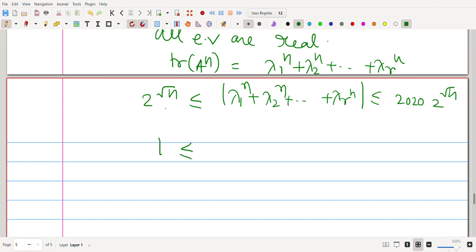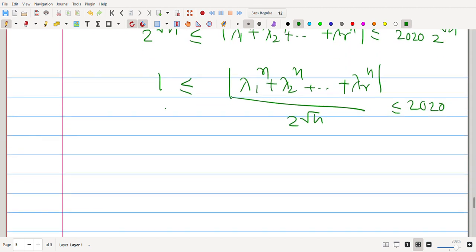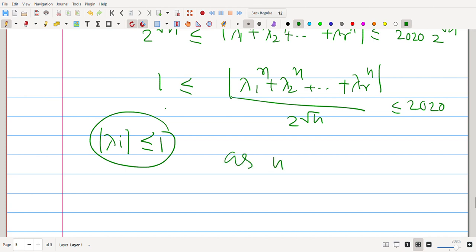Then 1 is less than or equal to the sum of lambda 1 power n, lambda 2 power n, up to lambda r power n, divided by 2 power root n, which is less than or equal to 2020. Now can you show that? So one thing is that if the absolute value of each lambda i is less than or equal to 1, then as n goes to infinity, the summation of lambda i power n by 2 power root n, i equal to 1 to r, goes to 0.